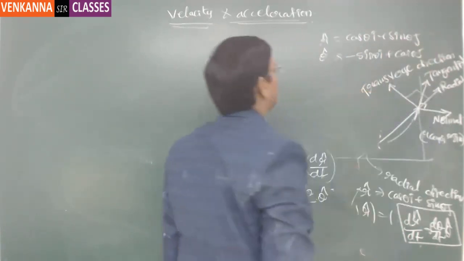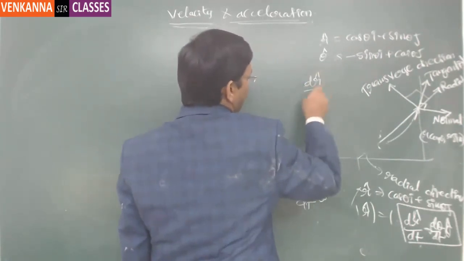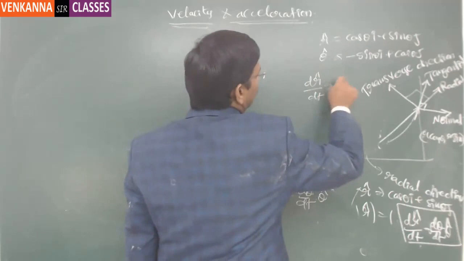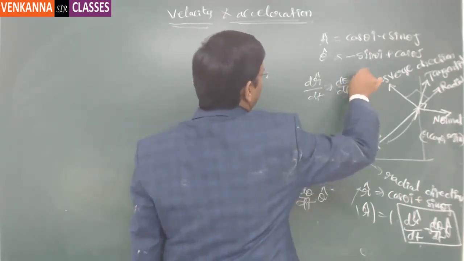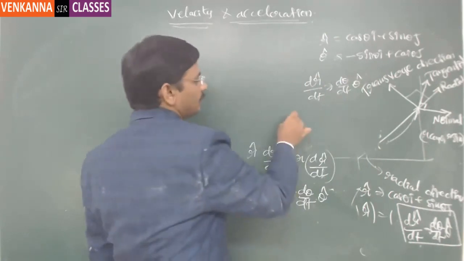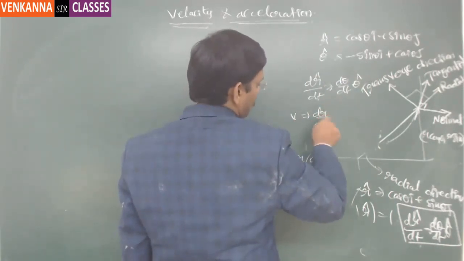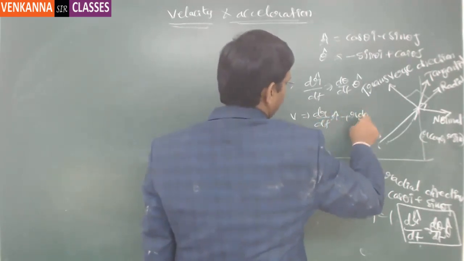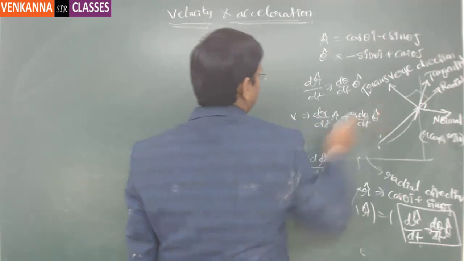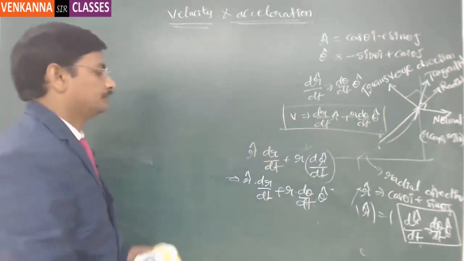So this is theta cap, and dr cap by dt is equal to d theta by dt times theta cap, and velocity is coming out to be dr by dt into r cap plus r d theta by dt into theta cap. So this is the velocity. Got it? Okay.